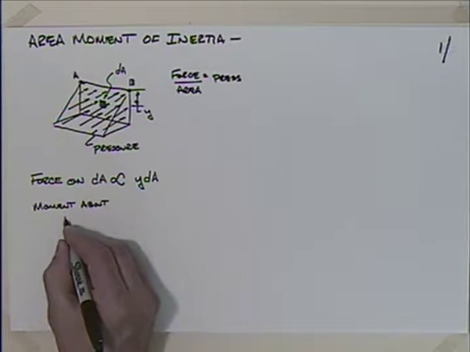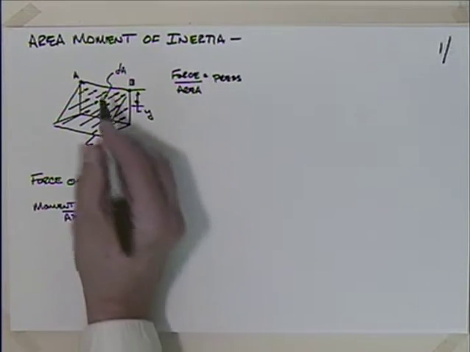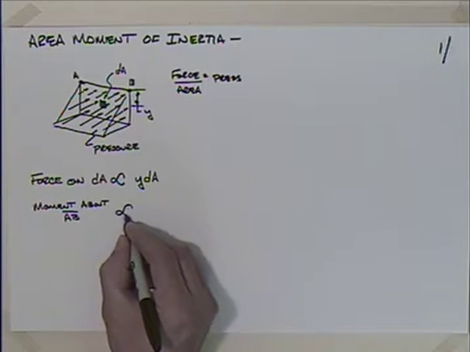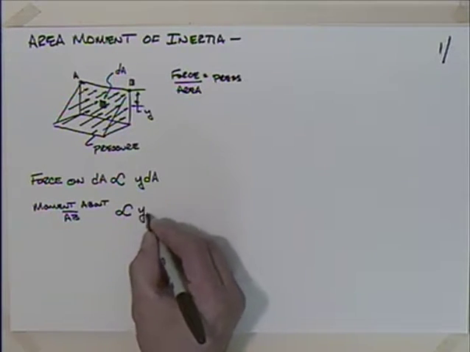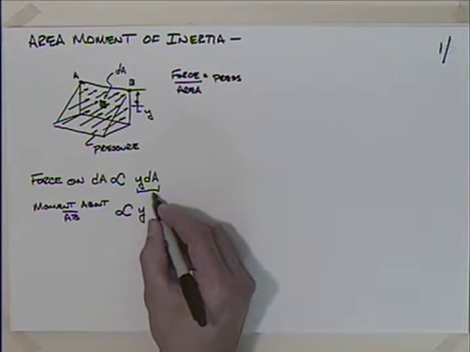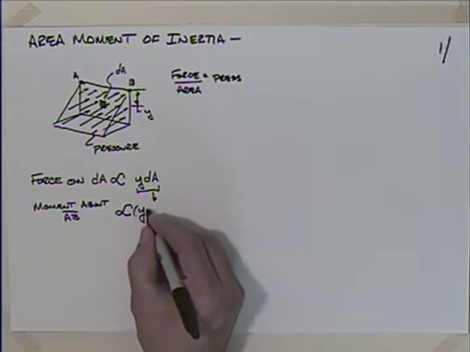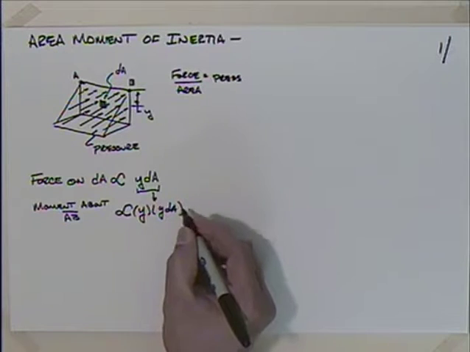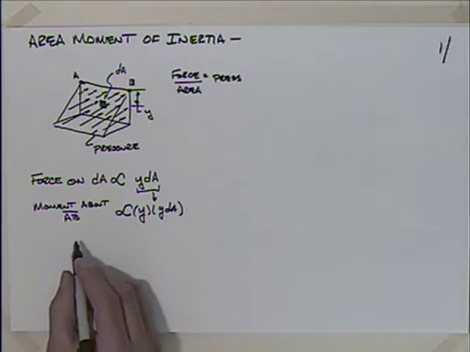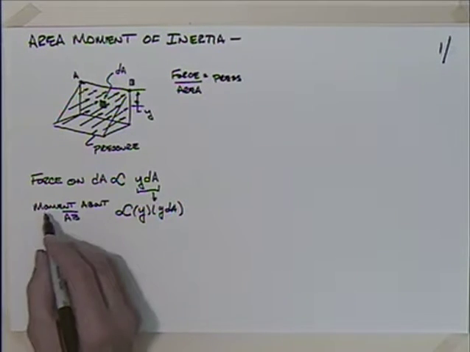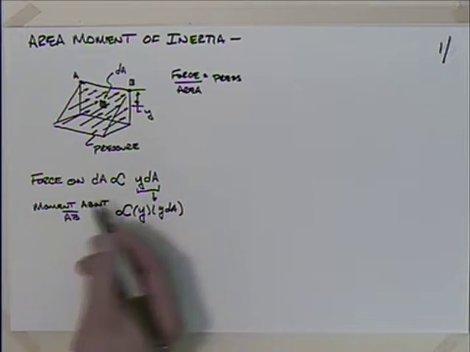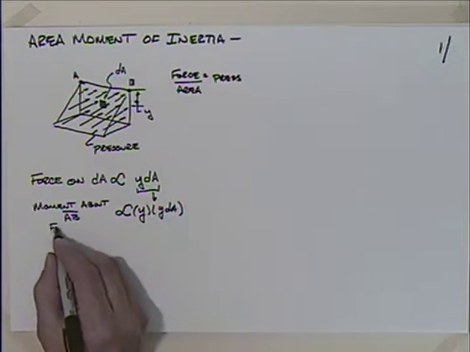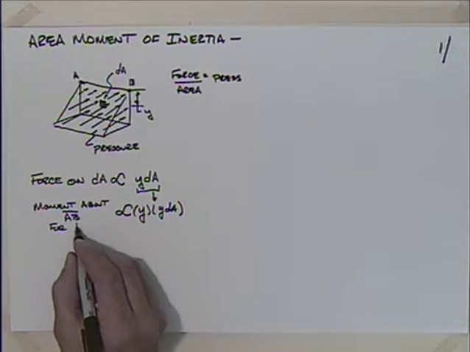Now, if I want to talk about the moment about the line, let's say AB, well, that's going to be proportional to y times the force, right? So we're going to have y times y dA. That would be just for the differential element, the moment about AB for dA.